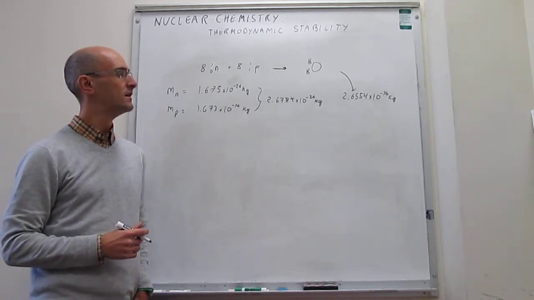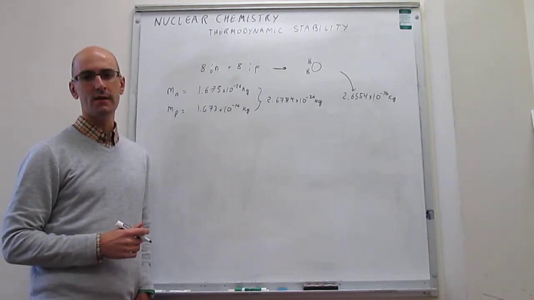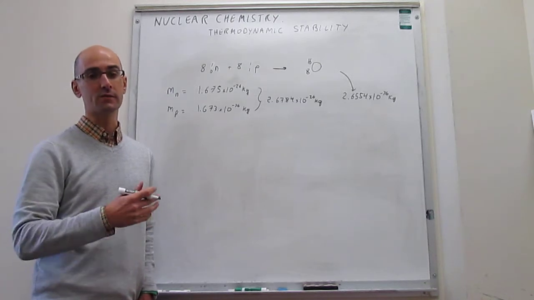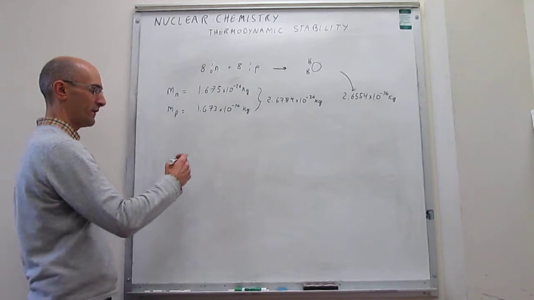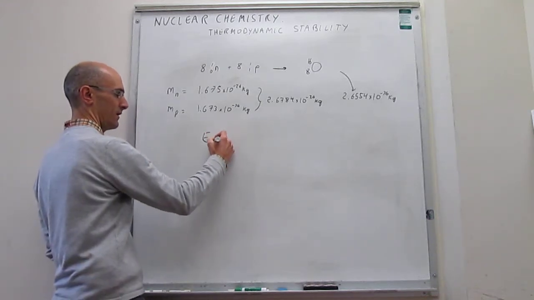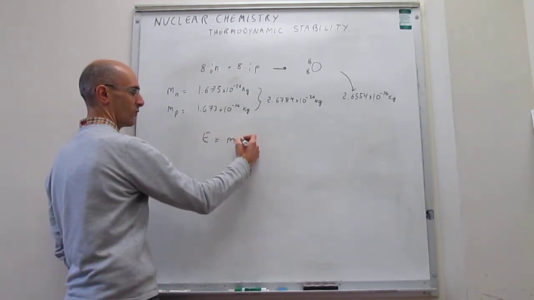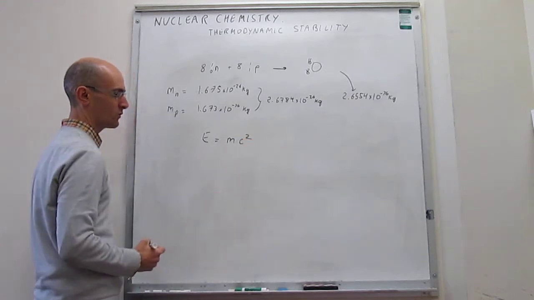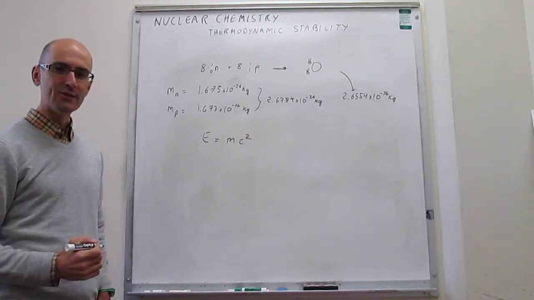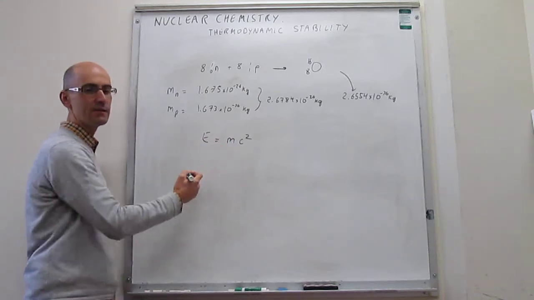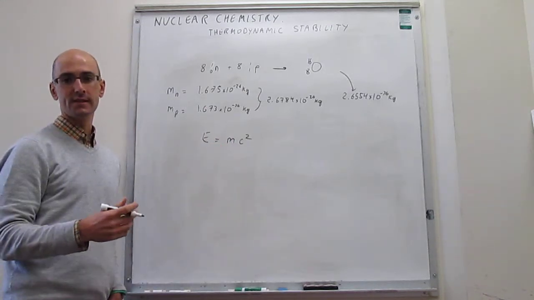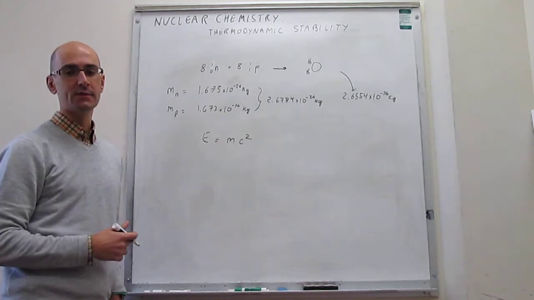It turns out that mass loss can be connected with an energy using the famous Einstein formula: energy and mass are equivalent. So we can use this change in mass and relate it to the energy involved in this particular process.